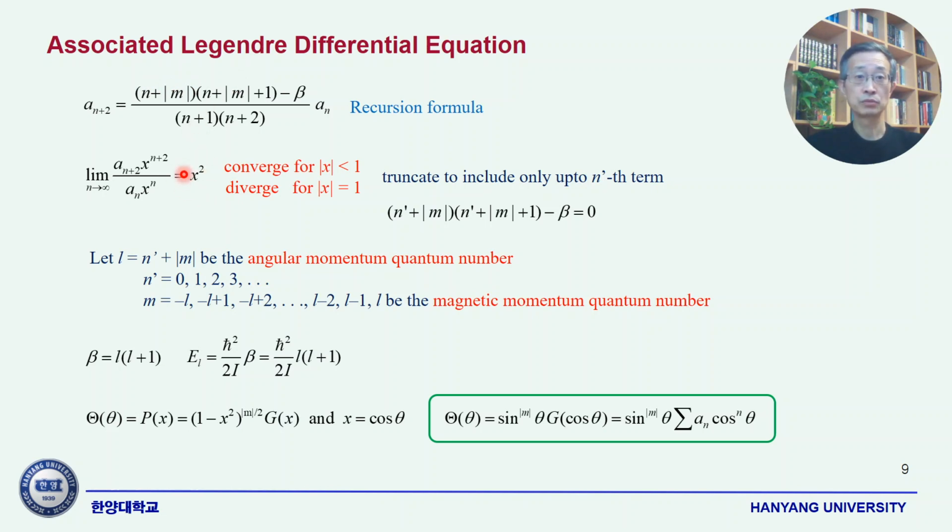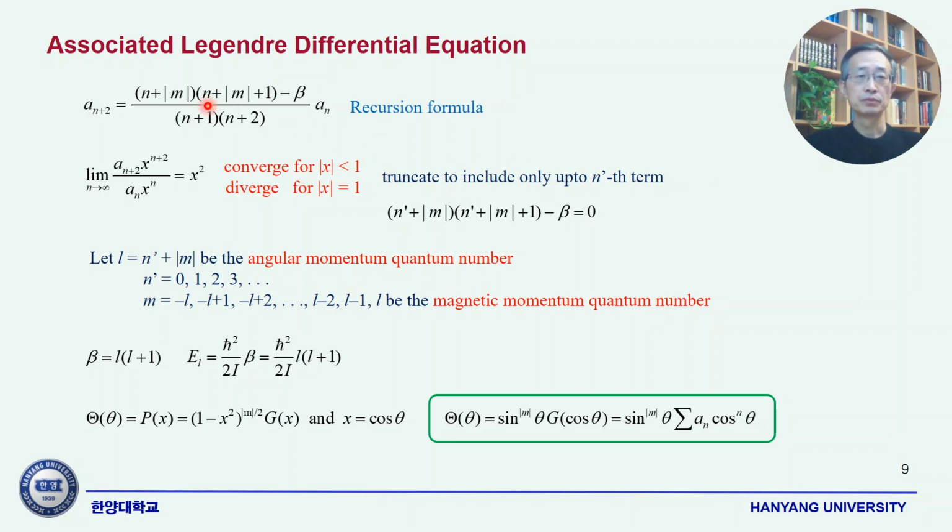Then you have just x squared as the ratio. So this series will converge when the absolute value of x is less than 1, but it diverges when the absolute value of x equals 1. So we have to truncate the series up to the n-prime term.